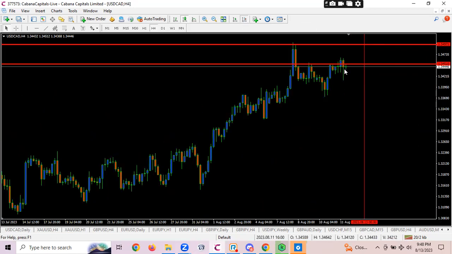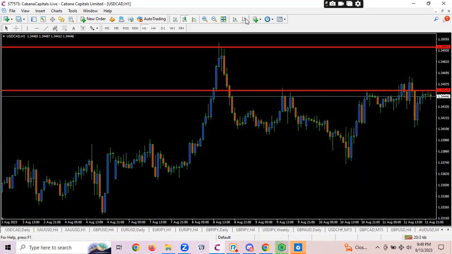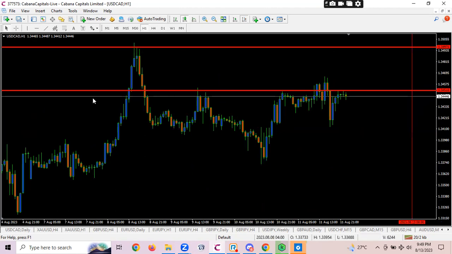You could also see the last 4 hour candle. This is a hanging man, indicating change in trend from bullish to bearish. So at what price should we consider selling? I would be considering selling below a support.